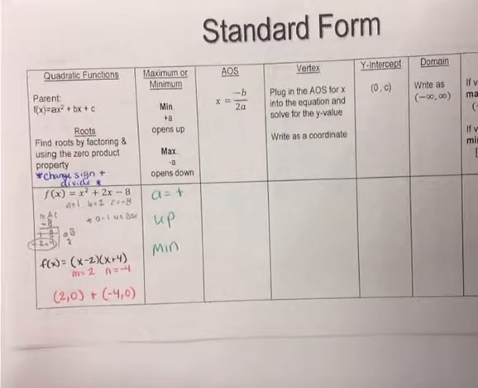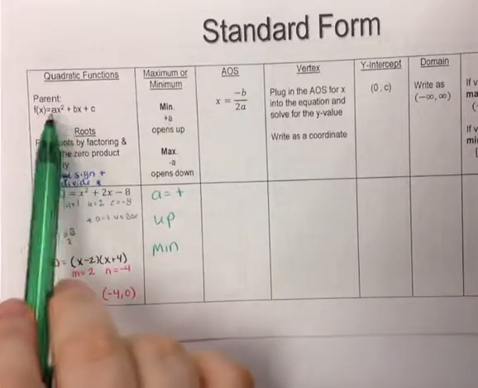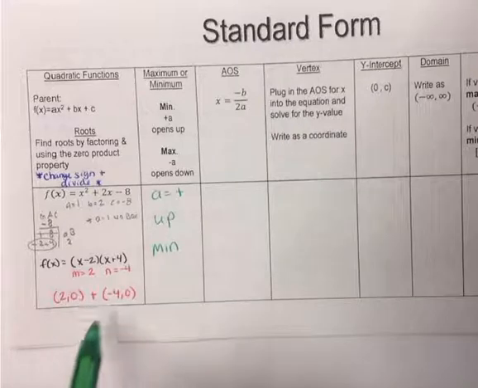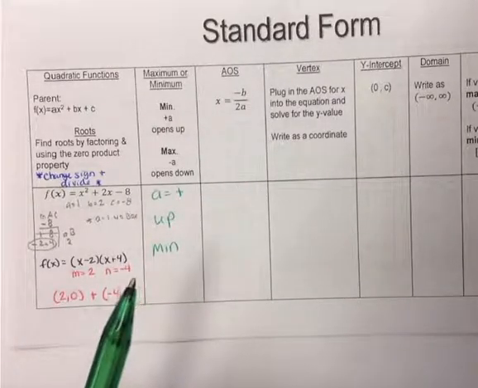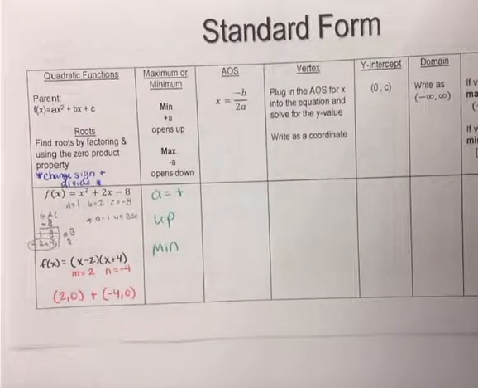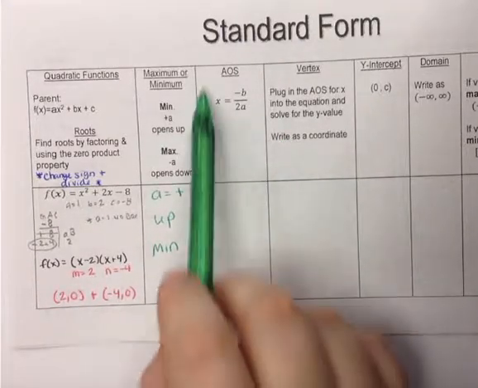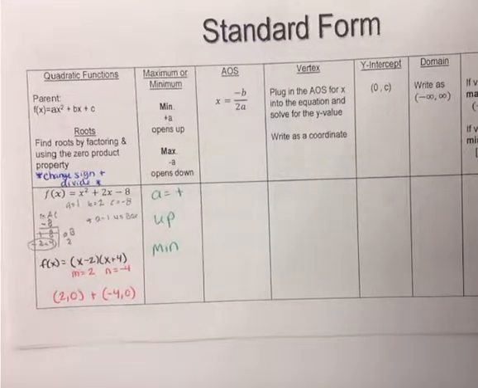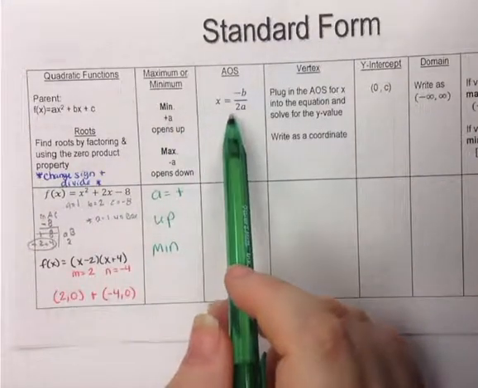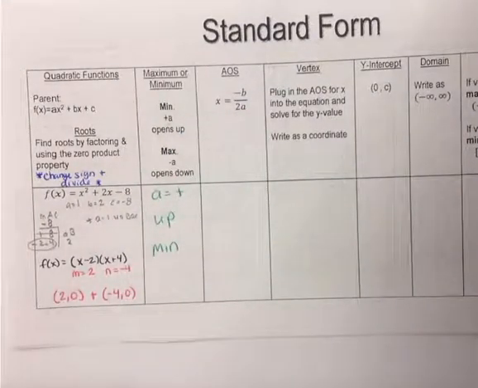However, not every quadratic is factorable. So if you don't have the x-intercepts, because sometimes a graph will not cross the x-axis, then you can't figure out the vertex from doing m plus n divided by 2. So this one is actually going to show you how you can always find it from standard form, even if it's not factorable, how to find your axis of symmetry.